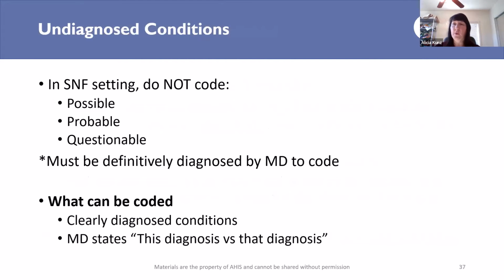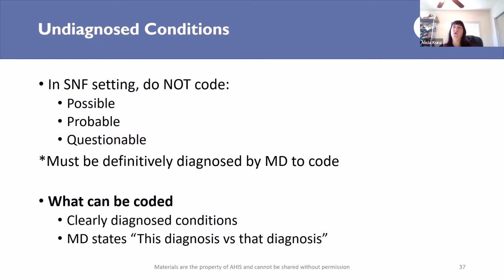What codes should we code? What shouldn't we code? I'm sure you probably all know this, but I have to mention it. You want to be careful that we're not coding possibles or probables or questionable diagnoses. Oftentimes you're going to see this when, let's say, the resident goes to the ER, and in the ER a lot of times they're going to have differential diagnoses. They're going to have, it could be this, it could be that.